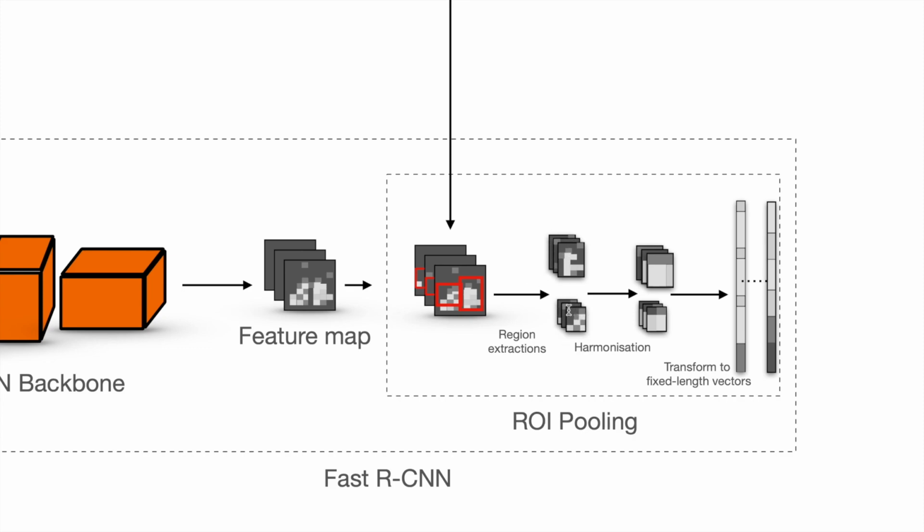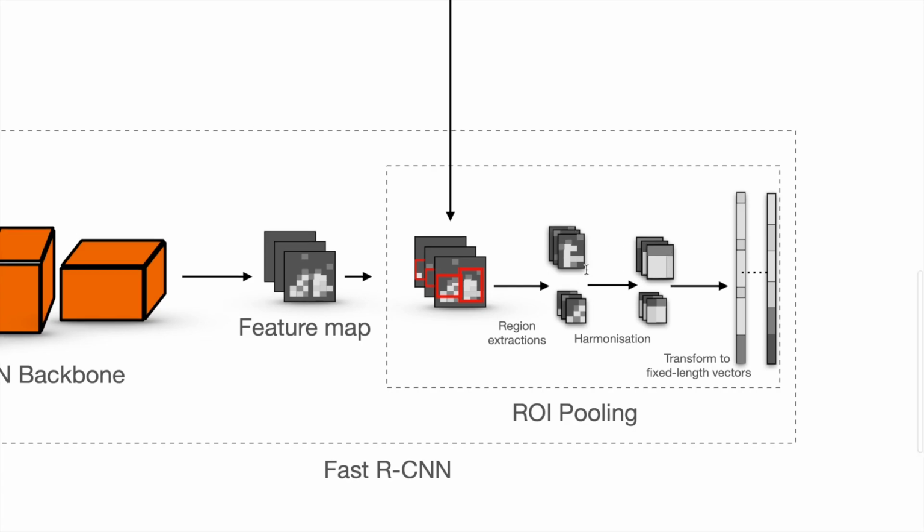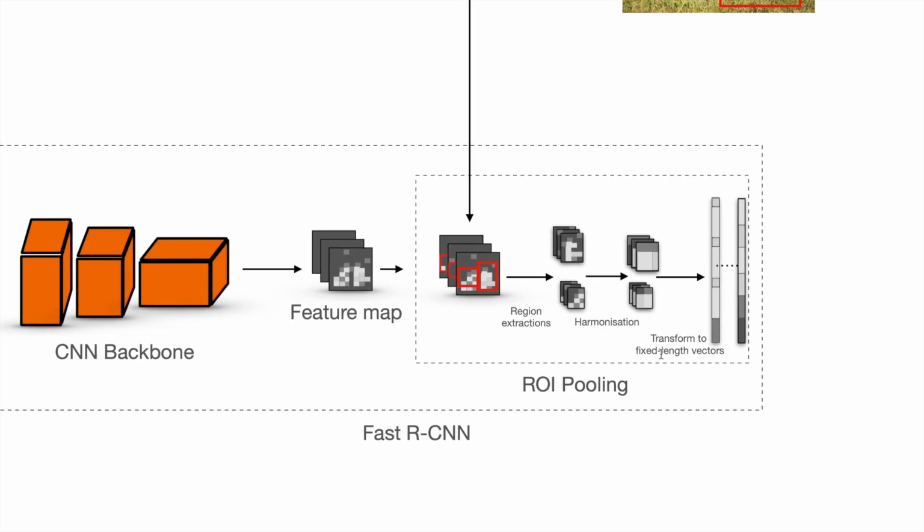We have this region here, and we do a normalization. It's basically just doing a max pooling over some parts of these regions, and then we transform this region into fixed length vectors, and this operation is called ROI pooling.